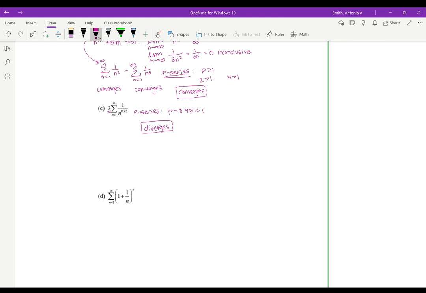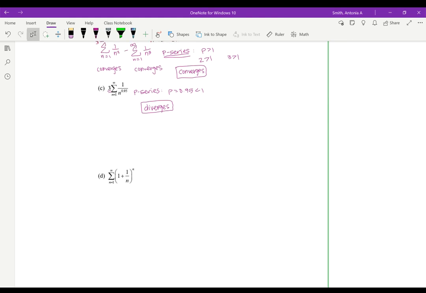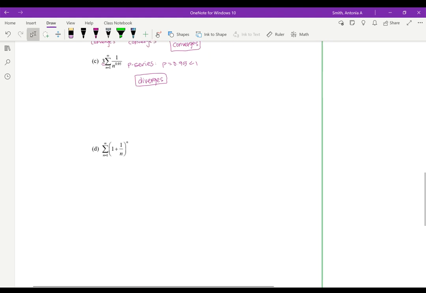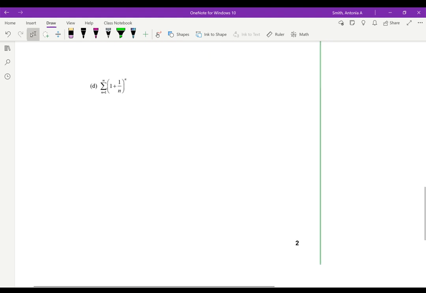And now for part D. We want to test the convergence or divergence of the sum of n equals 1 to infinity of 1 plus 1 over n to the nth power. Okay. Let's try the nth term test first.